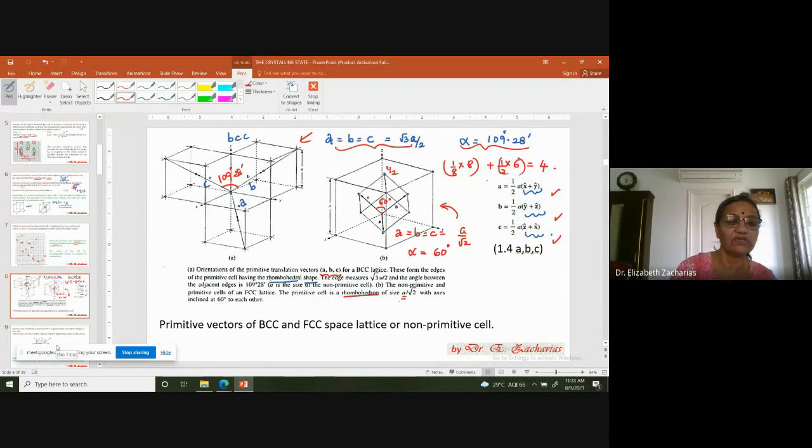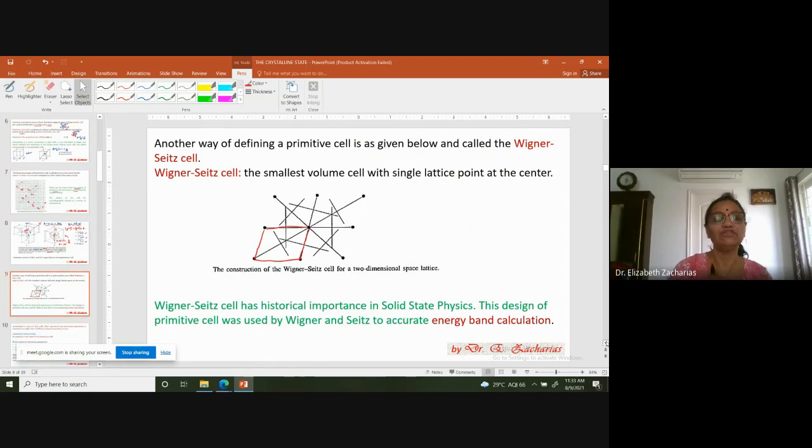Okay, now let's go ahead. I will be introducing a term called the Wigner-Seitz cell. A Wigner-Seitz cell is a primitive cell.